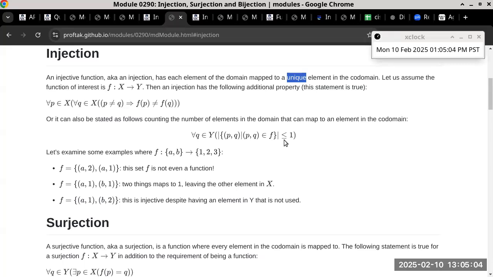Now, in order to apply this, we need to know that F is a function to begin with. So it has already passed the test of F being a subset of the Cartesian product between X and Y. We already know that every element of X maps to one and only one element in Y. We are only asking, are they unique? Is that okay?